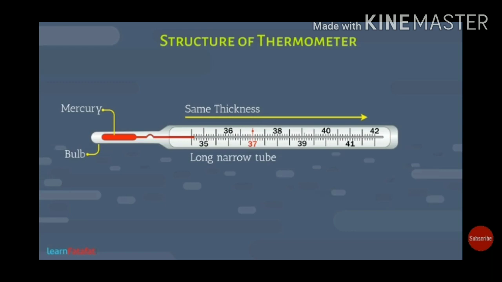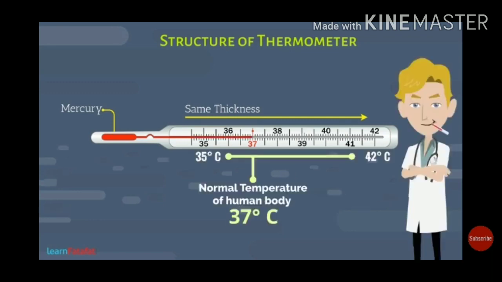In the center of this thermometer there is a long narrow tube, and the thickness of this thermometer is the same from top to bottom, and the normal temperature of the human body is 37 degrees Celsius.